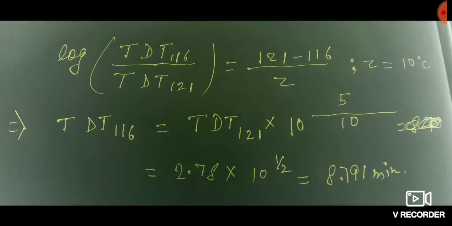Means here I have written TDT 121 in the denominator, on the lower side, so we will write it first, means 121 minus 116 by Z. If I write 116 in the denominator, then we will do 116 minus 121 by Z. You have to be very clear with this, the positioning of T1 T2 and D1 D2 values. And the remaining things are like the previous case only. The Z value is given, you put all these values, you can get your answer.